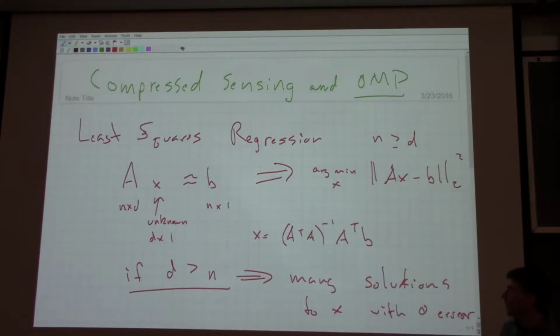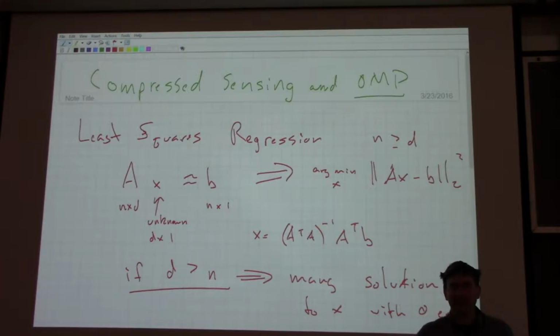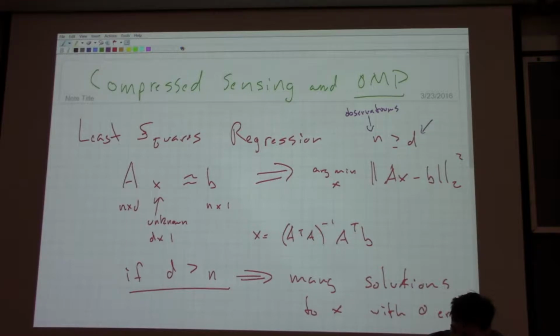Okay, so you can actually use Gaussian elimination in some way to solve for this. Okay, so from a data perspective, this should seem strange. You should think of the n as the number of observations, and these are the variables.